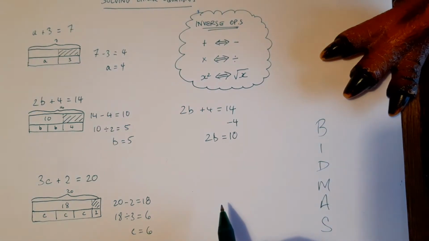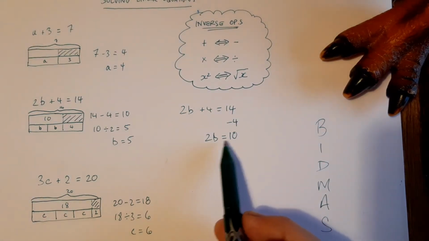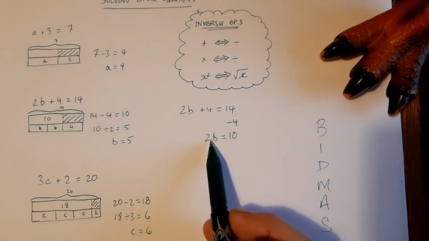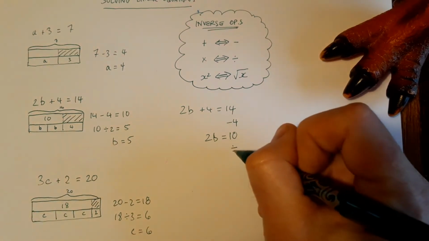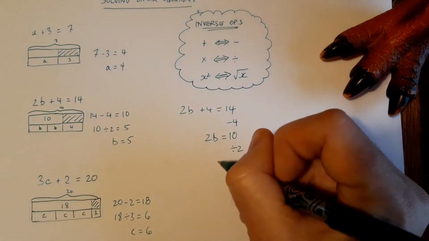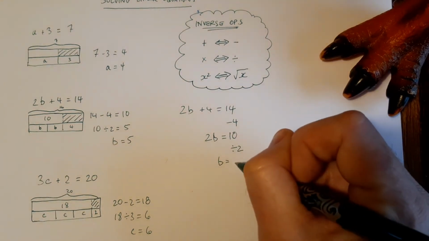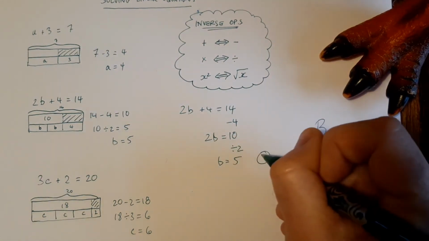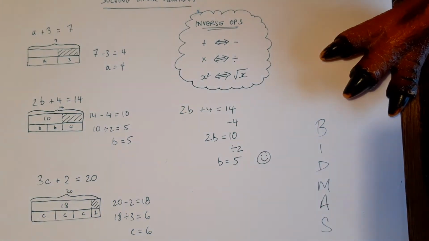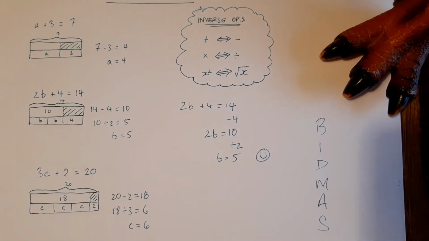Close to finding out what b is. We keep working backwards. Instead of times 2, we divide by 2, so b equals 10 divided by 2, which is 5. Happy days.